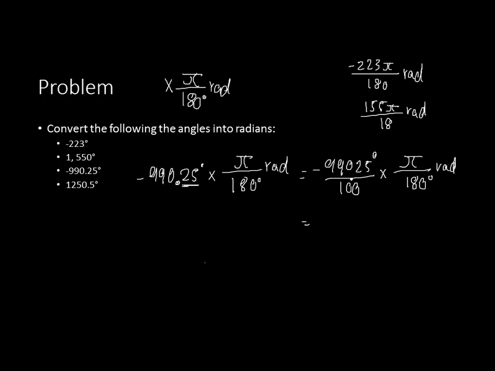Yeah, they are divisible by 5. Let me take a look. So 5 degrees, I mean, here negative 3,990 and 25 degrees divided by 5 degrees, we have negative 19,805.